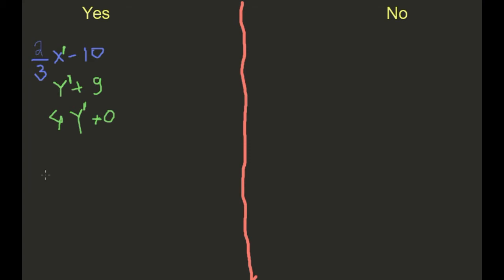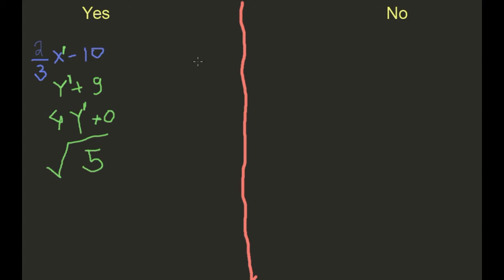Next, is this a polynomial? Yes, this is a polynomial because this is a constant and it can't be changed. So this is also a part of a term, so this is also called a polynomial.